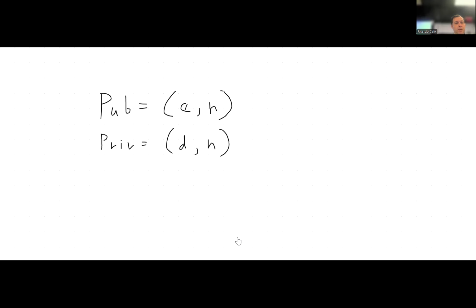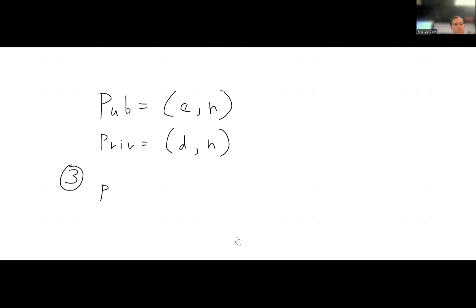So step number 3. Step 2 was to calculate n, which is the product of P and Q, the 2 prime numbers. Step 3 is to calculate a function phi.